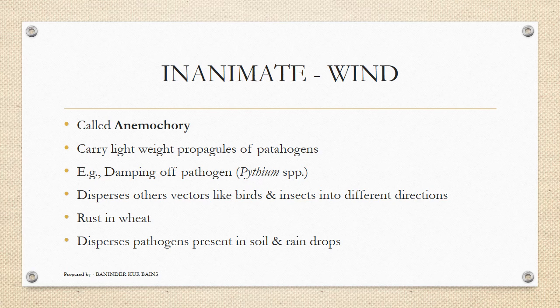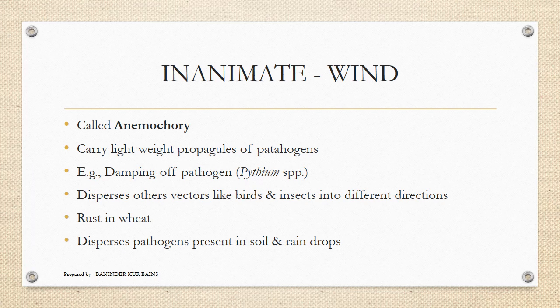Then there are inanimate vectors which are non-living. So first one is wind. Transmission of disease causing organisms or their spores by wind is termed as anemochory. And wind basically carries lightweight propagules of the pathogens, and for example damping off pathogen, that is Pythium, is transmitted by wind.